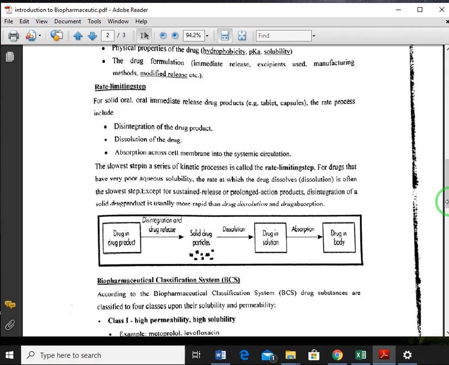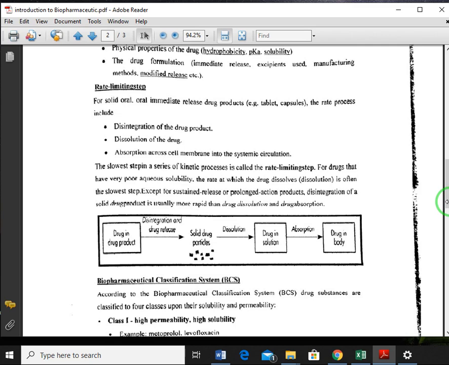Some rate limiting steps in different formulations are to be considered. For example, for the solid oral immediate release product, tablets and capsules are solid oral, maybe immediate or extended, but it is the oral solid dosage form.